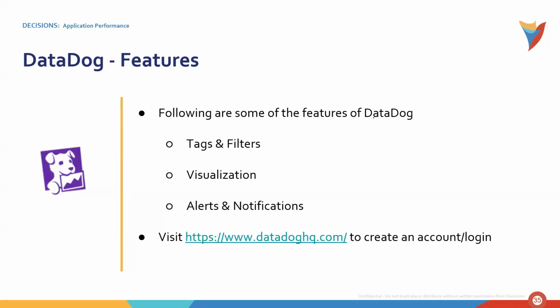To create an account on Datadog, we can go to datadoghq.com and create an account there. Because it is a cloud tool, it provides a SaaS model, and we can use this. I do believe it's used by our administration team, the IT team who manages the servers, like the cloud ops team and all.